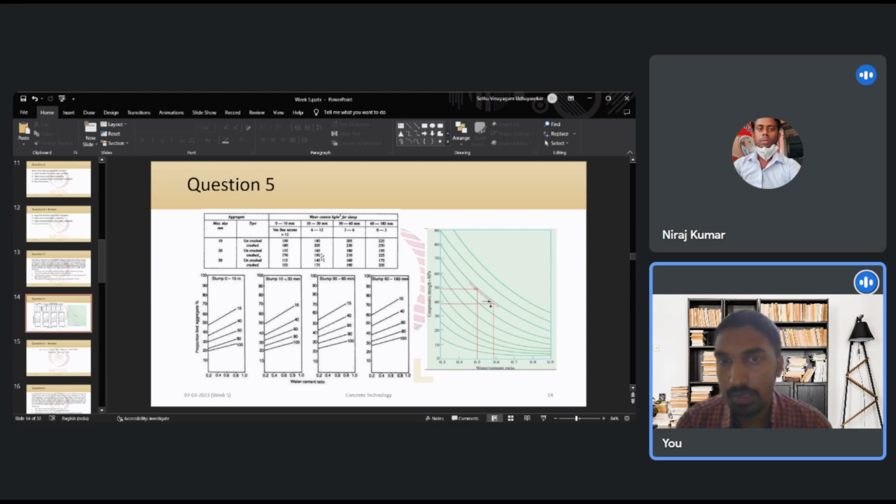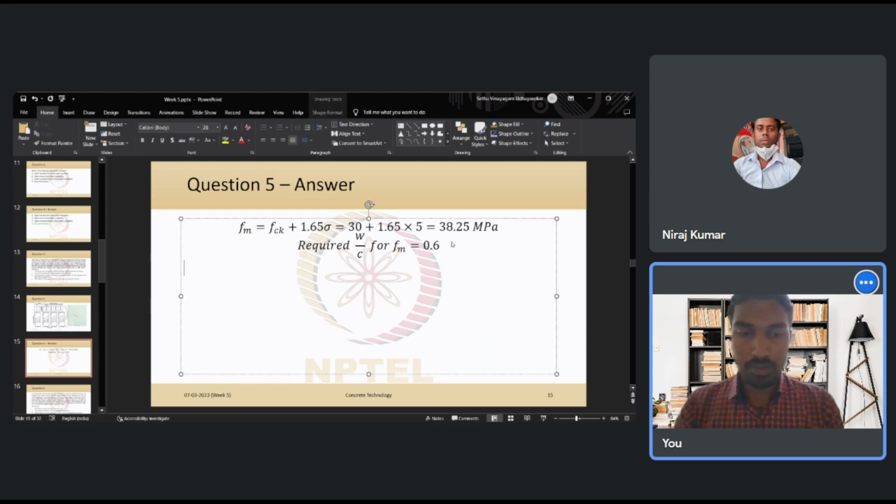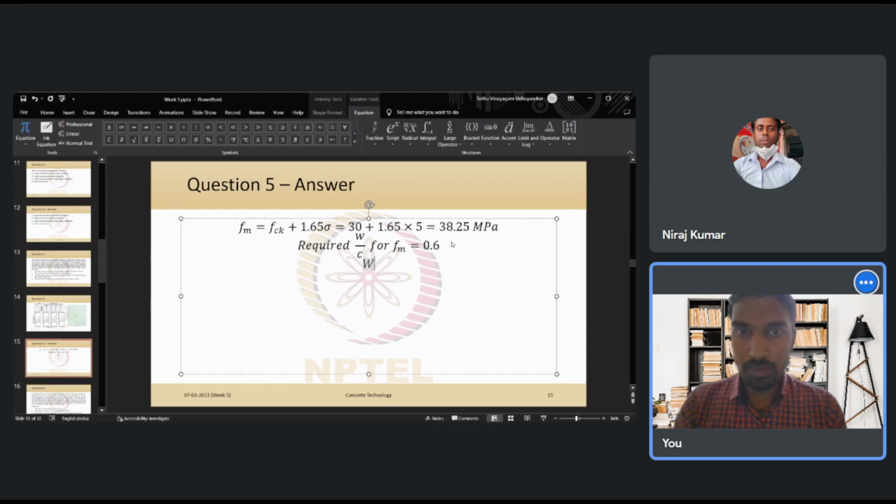So that's how we determine the water content. The water content for 25 mm slump is 190 kilograms per meter cube.